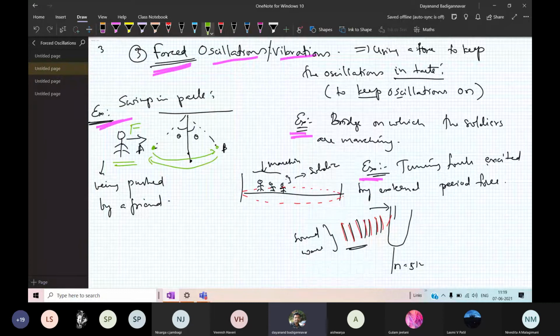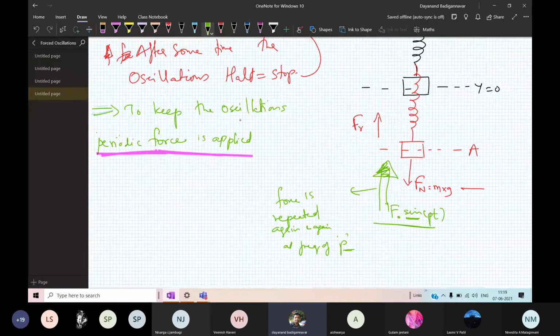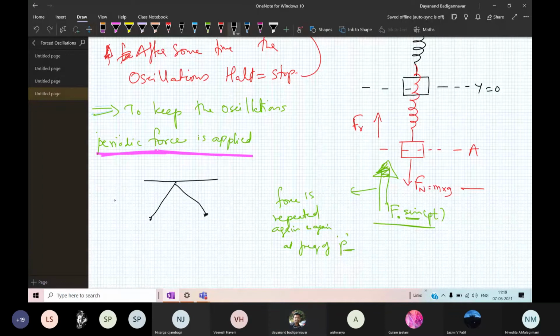So therefore, I have a swing in the park. It is oscillating between A and B. You are sitting in this swing and your friend is here. He is applying the force. He cannot apply the force just once; a single force is not enough. So this is the equilibrium.